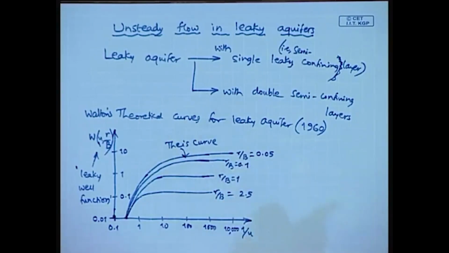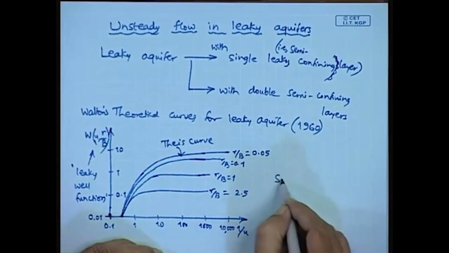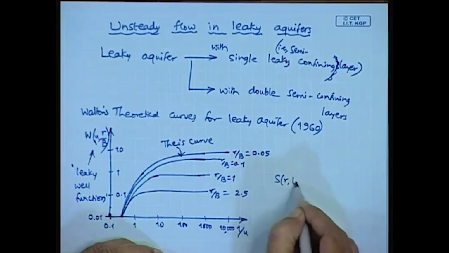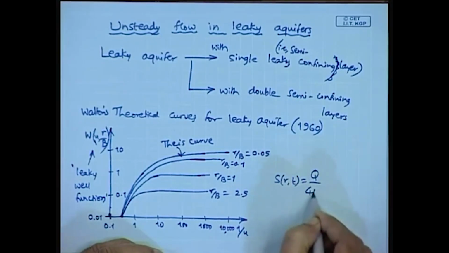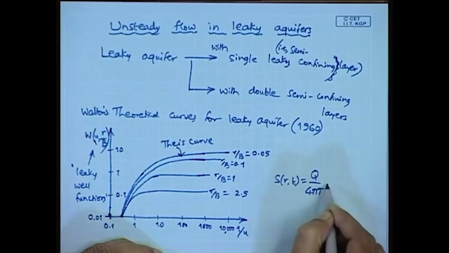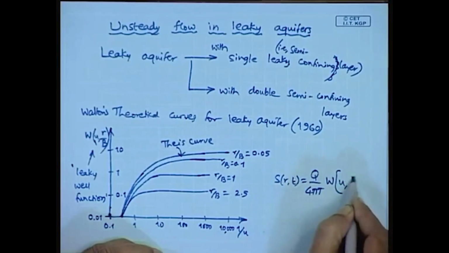Like that, in this case the drawdown, which is a function of r and t, is given by Q divided by 4 pi T into the leaky well function, W of u comma r by b.